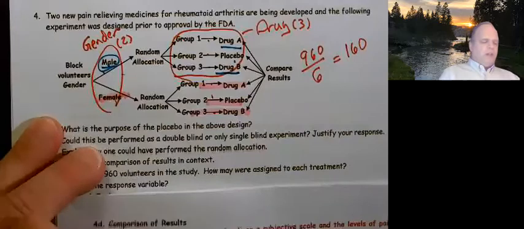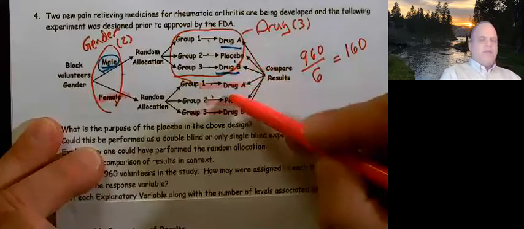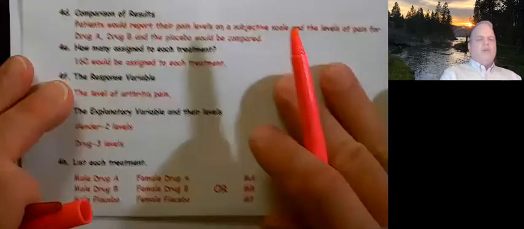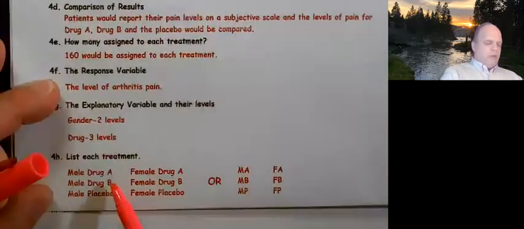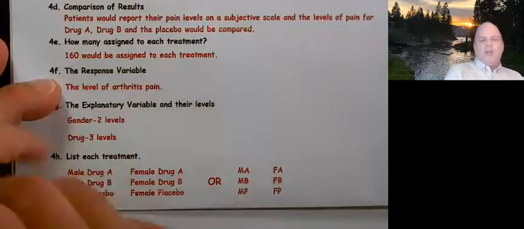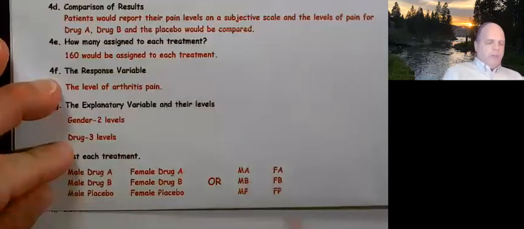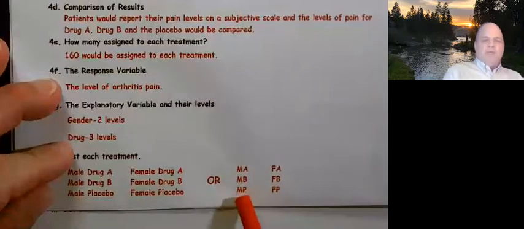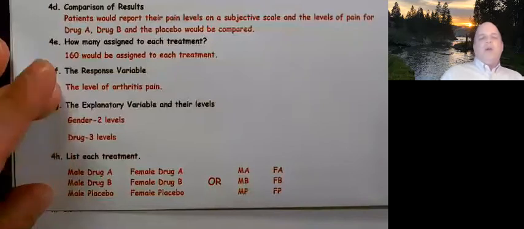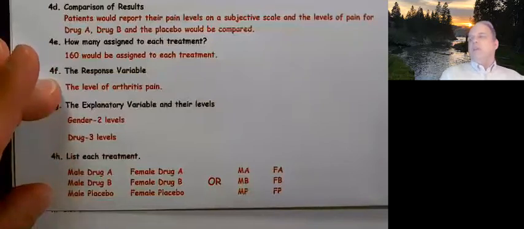So I should be listing 1, 2, 3, 4, 5, 6 different treatments with all those combinations. So it should look something like this: male drug A, male drug B, male placebo; female drug A, female drug B, female placebo. Or for those of you who like to abbreviate, and that's fine, make sure it makes sense: male A, male B, male placebo; female A, female B, female placebo. Either one of those would be absolutely excellent.